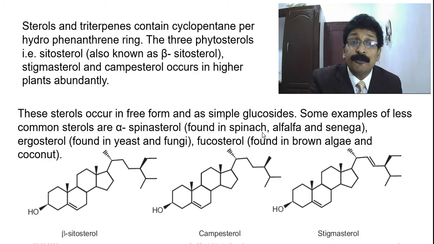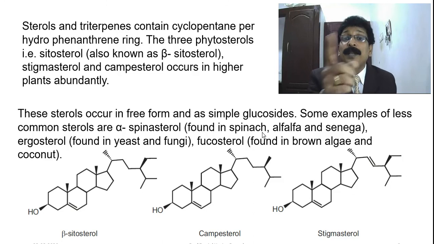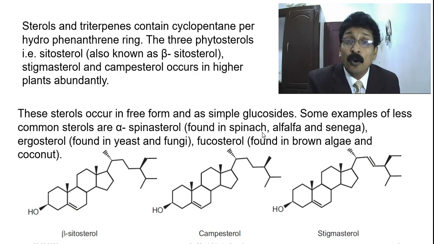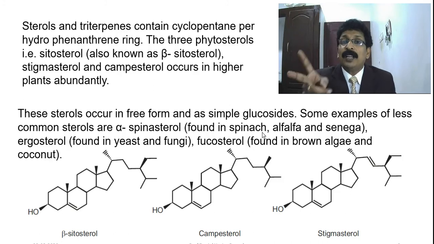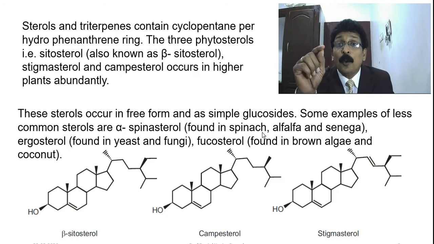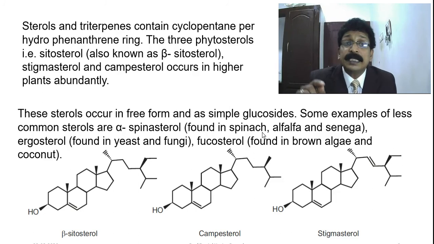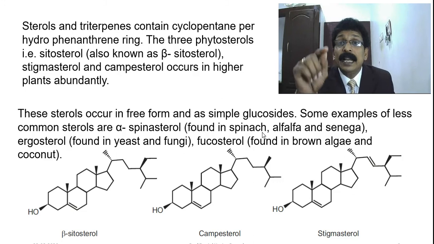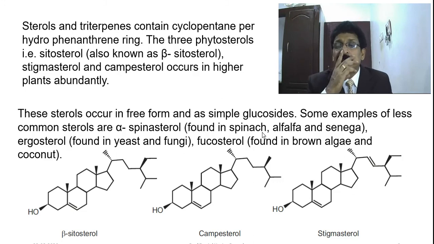When I say 24 position, you should remember the previous slide which I showed. The cholesterol 24, 27, 26 is the last stage of that Y shape, and it starts from the 17th position of the cyclopentane, the 5-membered ring of the A, B, C, D ring structure, that is the side chain. So a change in the carbon atoms of the side chain gives the molecule, very clearly to write.